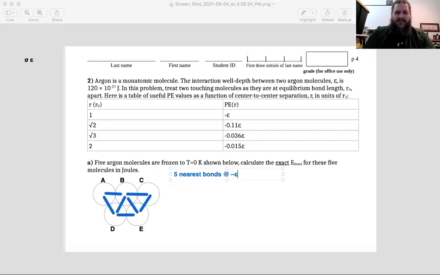So that's negative epsilon each. Multiply those together. Each one of them has negative epsilon times 5 of them. So -5 epsilon would be the energy of all 5 of those bonds. Of course, those aren't the only bonds because what other bonds do we need to consider? If we really want all of them.